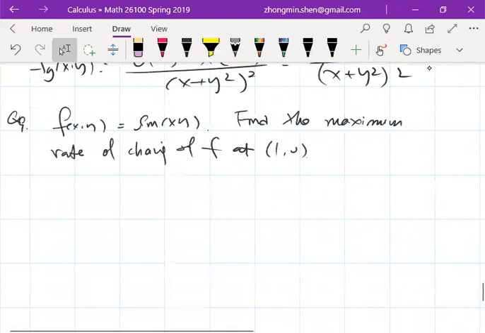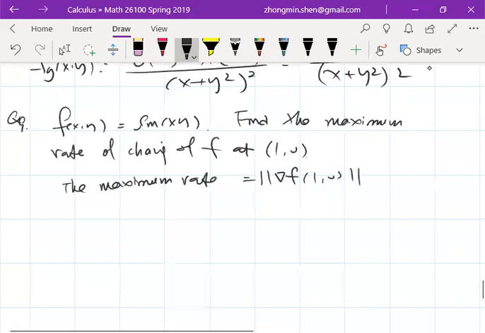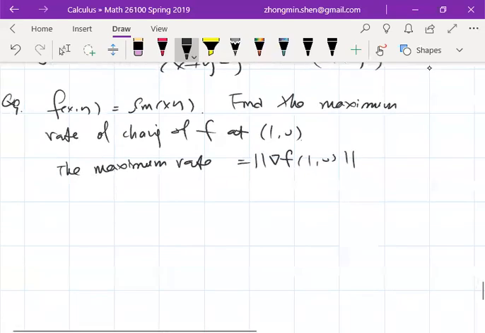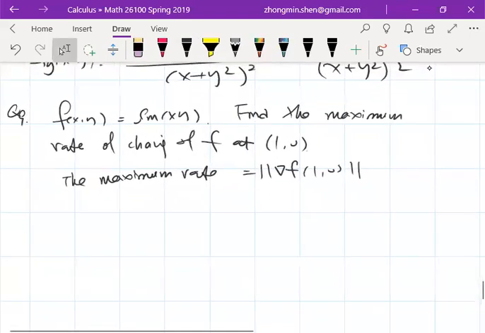So the maximum rate is actually the absolute value, the length, of the gradient, because it's already proved in the book. This is the maximum value of the directional derivative over all unit vectors.